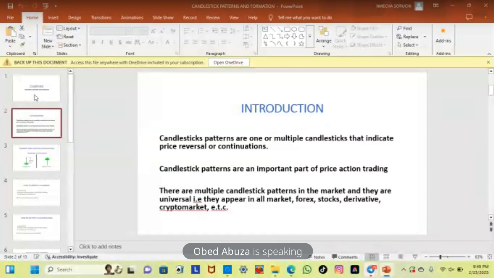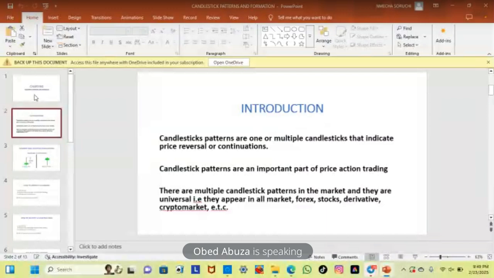You can see them in the forex market, in the stock market, in derivatives, in the crypto market. Regarding trading, you can see them in all markets.